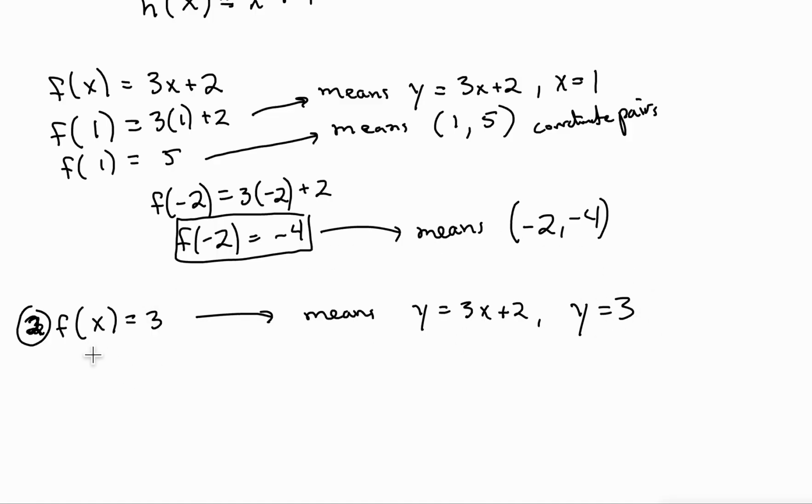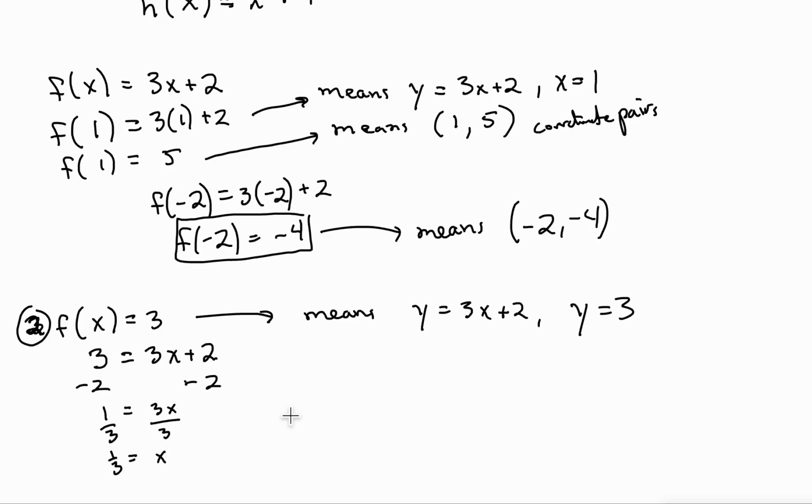So when we substitute it in, that's going to go in place of the f of x in 3 equals 3x plus 2. So we're going to solve for x this time. Subtract 2, so 1 equals 3x. Divide both sides by 3. So our x equals 1/3.